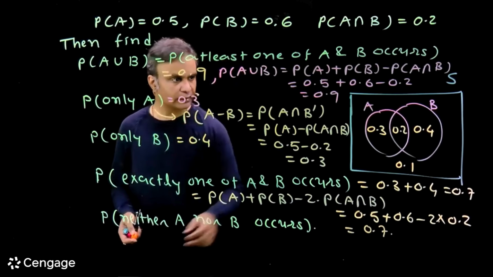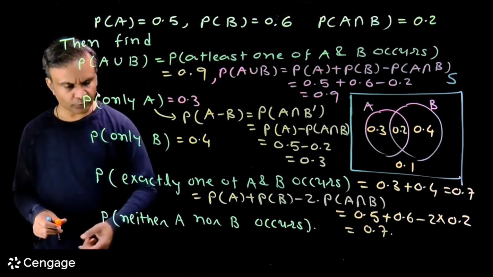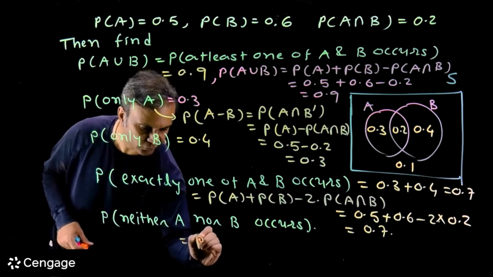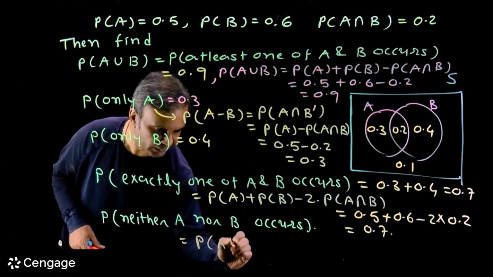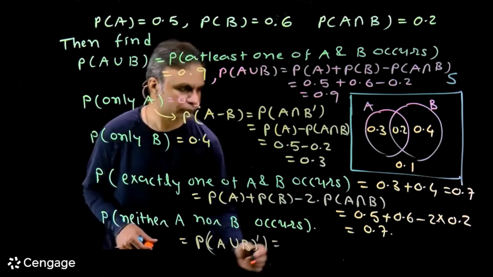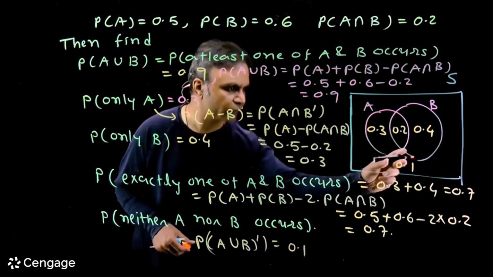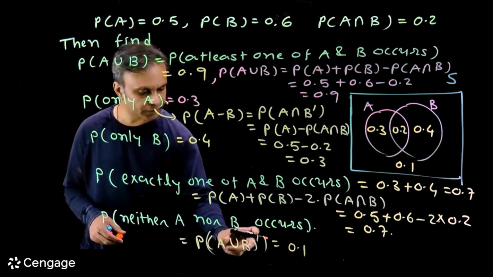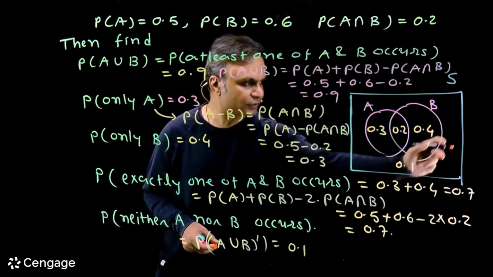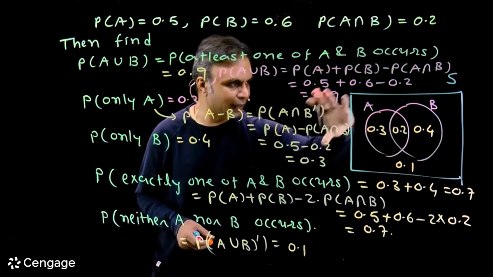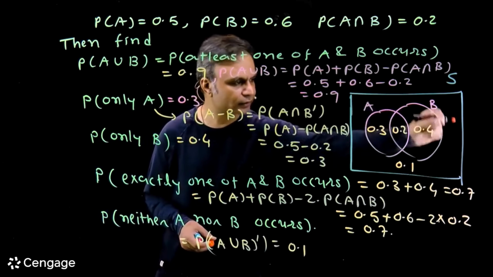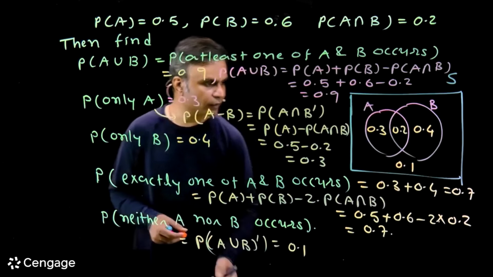Okay, using set theory. Now this one, probability of neither A nor B occurs. Neither A nor B occurs means probability of event A union B complement. This is equal to straight away 0.1. Here value is 0.1. A union B complement means region of sample space S which is outside A union B. ठीक है ना. तो A यूनियन B का जो बाहर का रीजन है उस रीजन में वैल्यू क्या है, यहाँ पे 0.1.